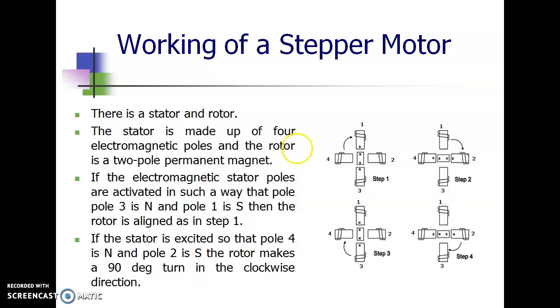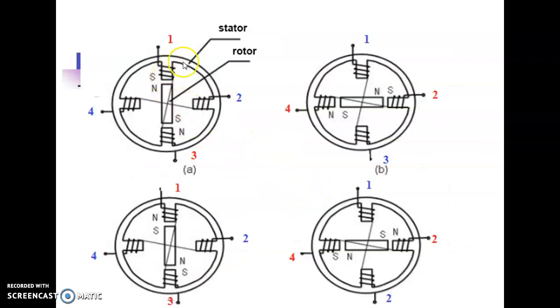So how is it done? You see in this diagram, these are the stator poles. Now poles 1 and 3 are activated or energized, and 2 and 4 are switched off.